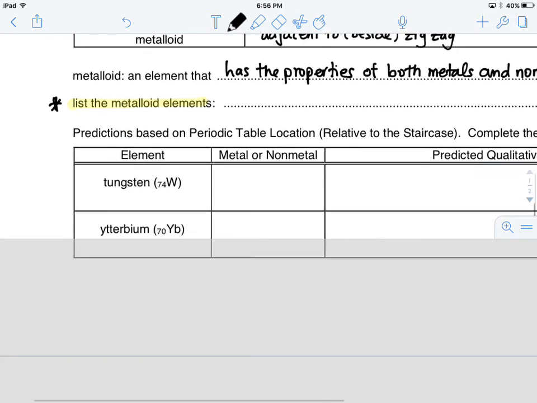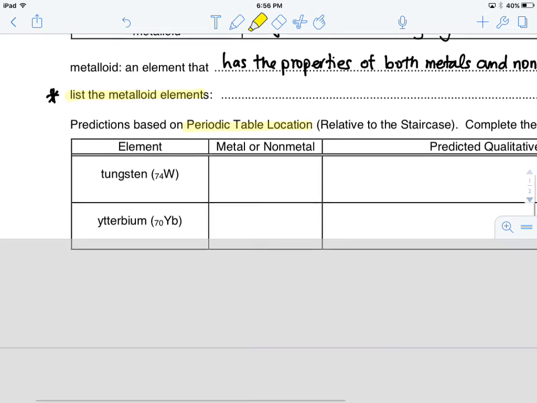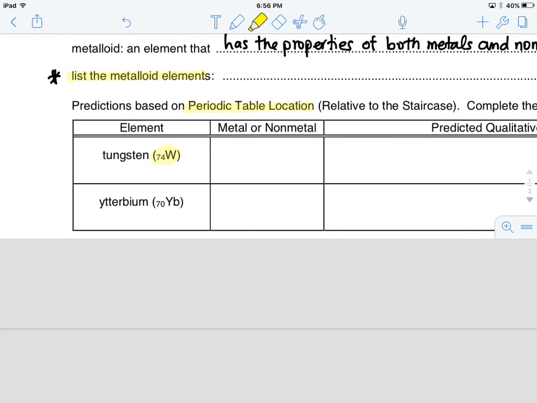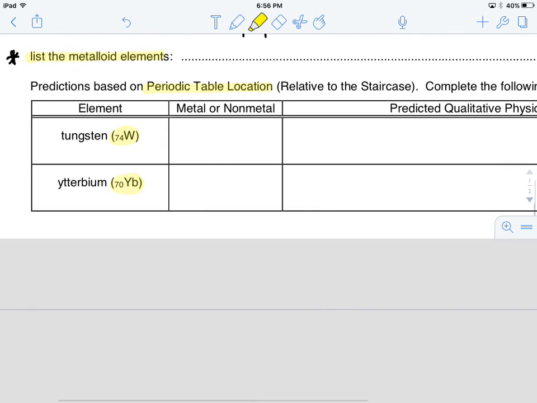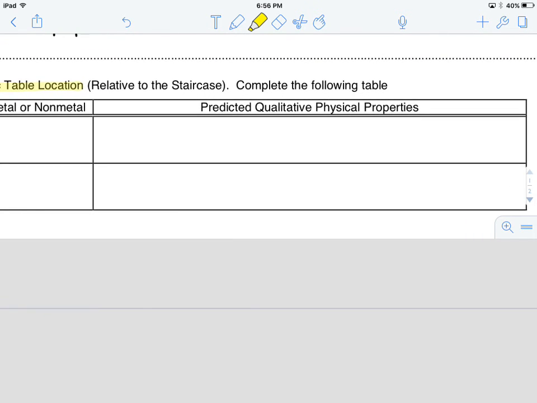Finally, based on their location on the periodic table, I want you to look up these two elements, tungsten and ytterbium. I'd like you to state, is it a metal or is it a nonmetal, based on its position relative to the zigzag. And then if it's a metal, what do you think its qualitative physical properties are? All of these things that we talked about up here.